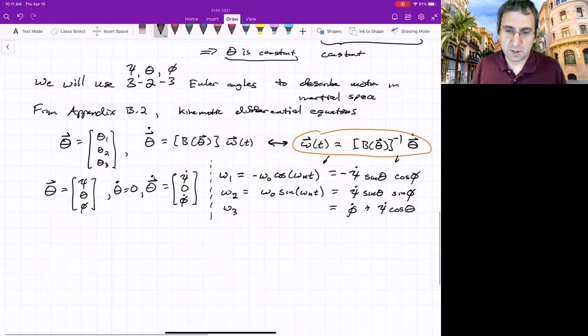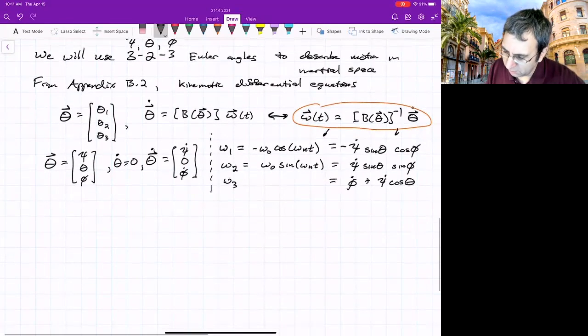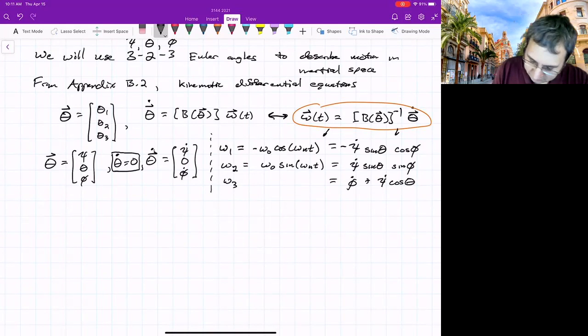And then we could do some manipulations. I'm going to have to skip some details just so I can get through it. We've already got what theta dot is. We could also solve for psi dot and phi dot. So we get that psi dot equals omega naught over sine theta.